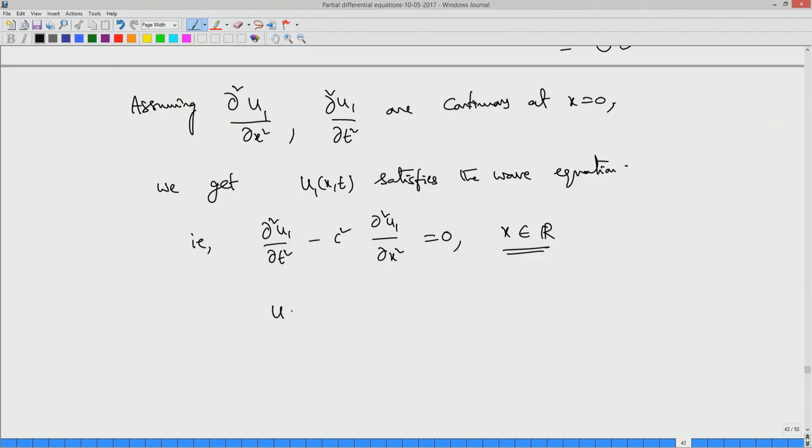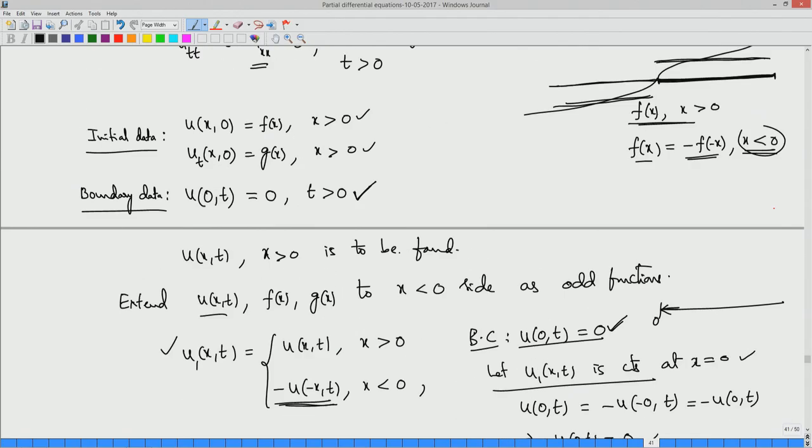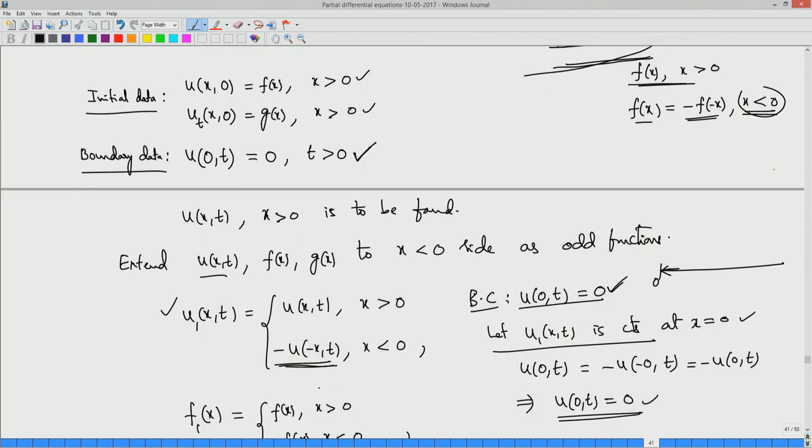Now, what happens to your u1 at t equal to 0? u1 at t equal to 0 is nothing but u1 at (x, 0), that is u at (x, 0), that is f(x), minus u at (minus x, 0) for x negative.